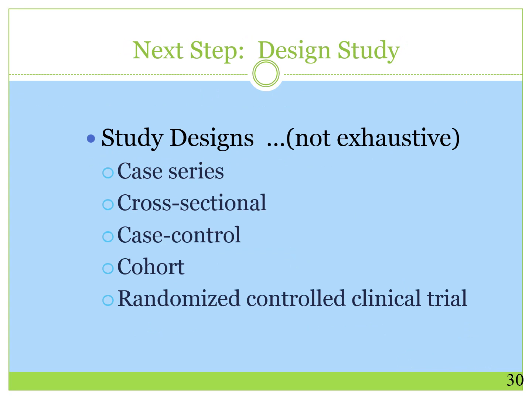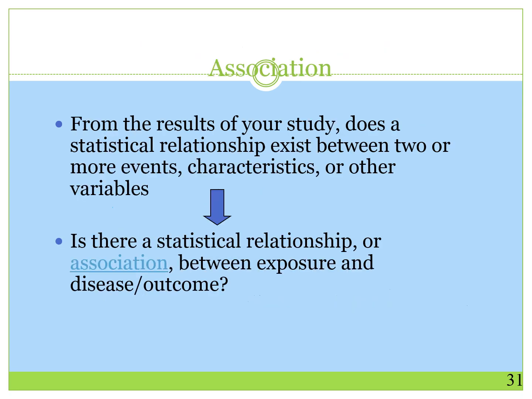So we want to design the study. How are we going to link E and D? There are many kinds of study design: case series, cross-sectional, case control, randomized controlled clinical trials. You can do cohorts, and there are lots of study designs.